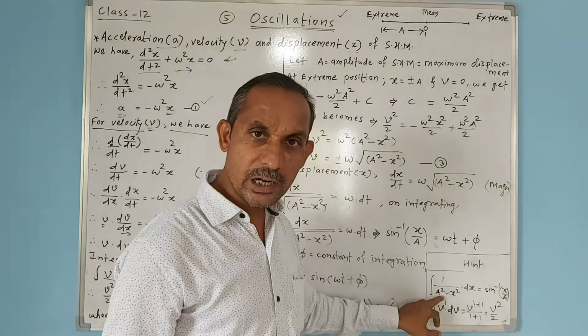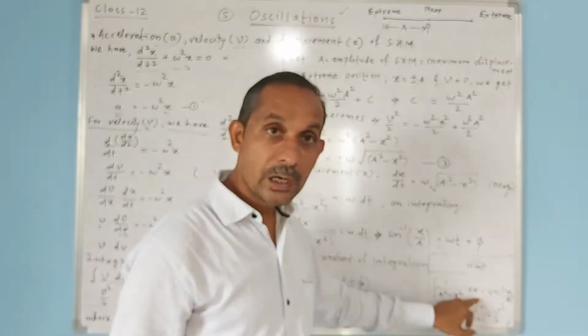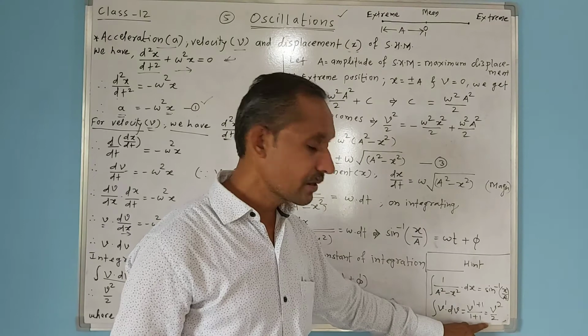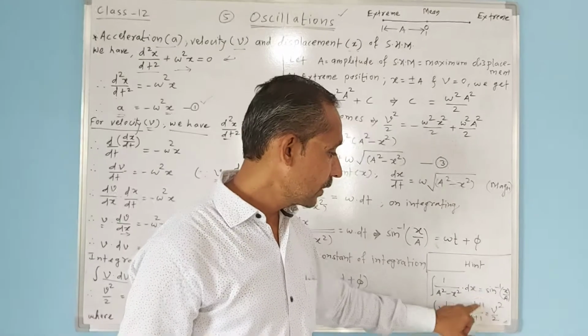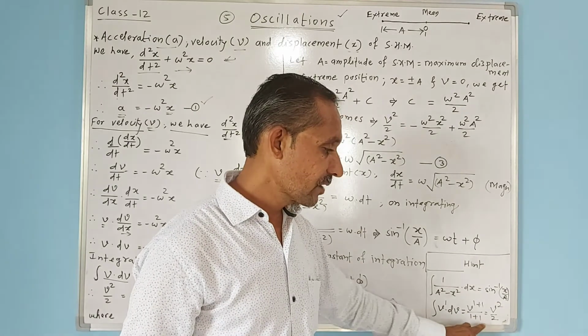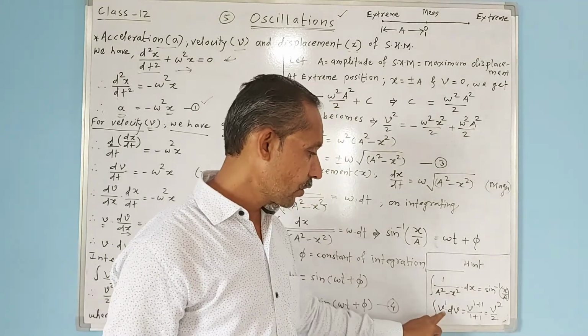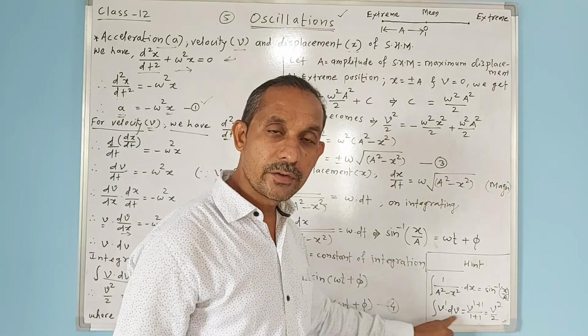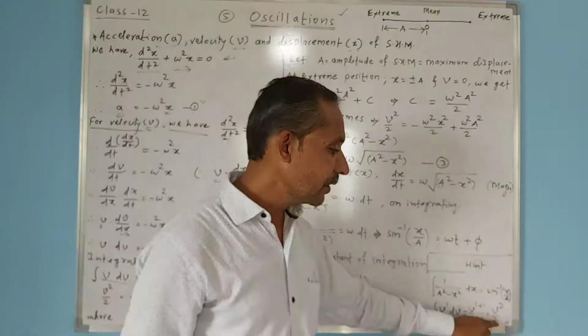As we know the power is 1, so v to the power 1 plus 1 divided by 1 plus 1. So we get v to the power 2, means v square, divided by 2. So integration of v dv means v square by 2.